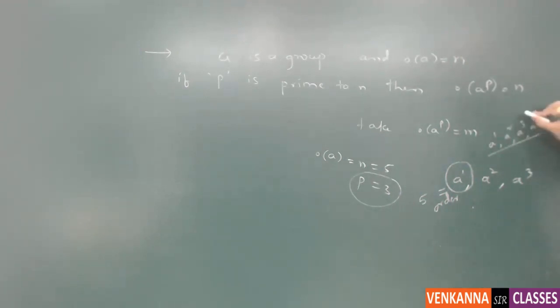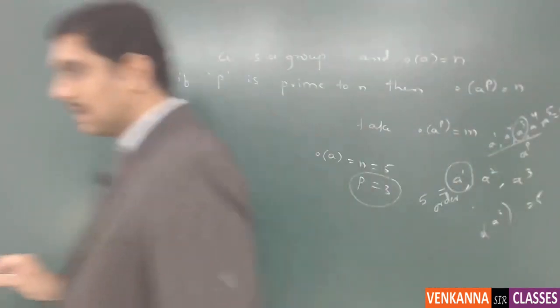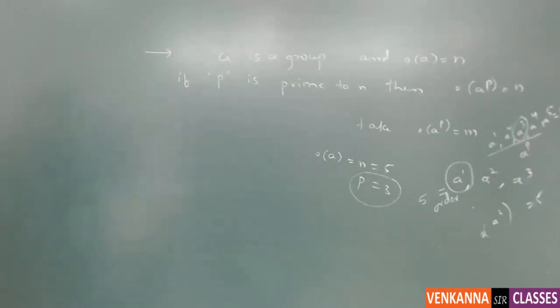So if you take this A power P, and consider the order of A cube separately, that means you are raising the powers of A cube: whole power 1, A cube whole square, etc. It also has order 5. That's the actual thing. Clear?